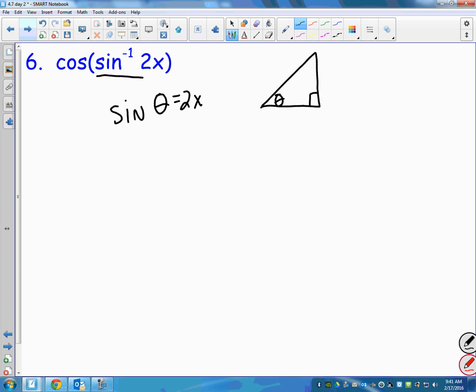I can do the Pythagorean theorem on the side. About the ratios: sine, again, if I label this one theta, then this would be 2x, this would be 1.